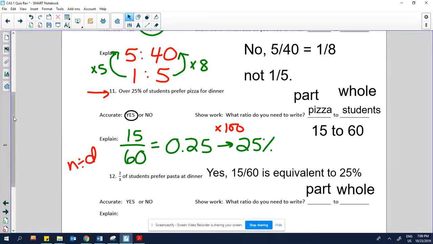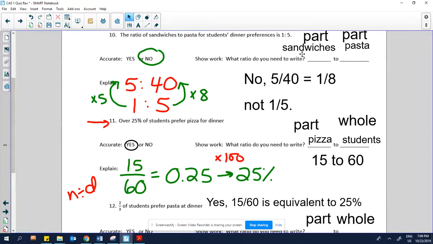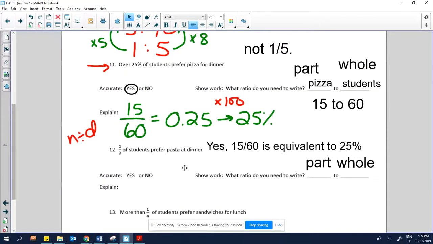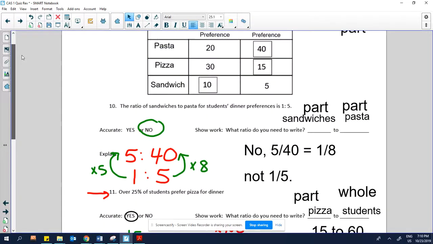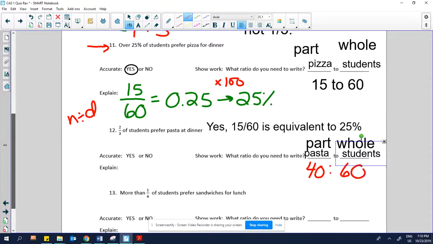I'm going to take the pasta from right here. Here's the pasta. Here's the students. The number of students that preferred pasta at dinner was 40. So we've got 40 compared to everybody. All the students was 60.